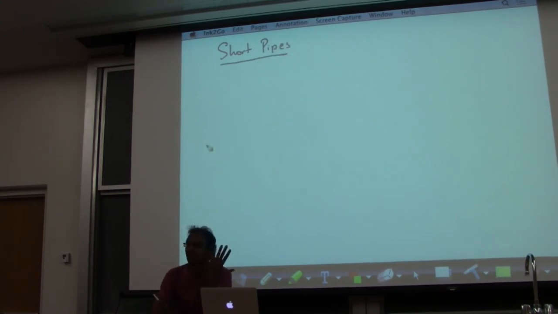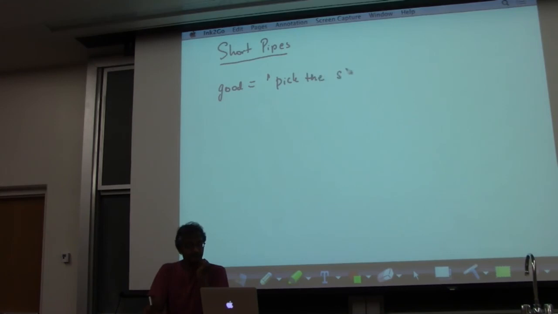And again, remember we have this notion of goodness. How do I pick a particular augmenting path in Ford-Fulkerson? And the notion of good for the fat pipes was pick the one that allows you to push the most flow. Good here will be the shortest path.